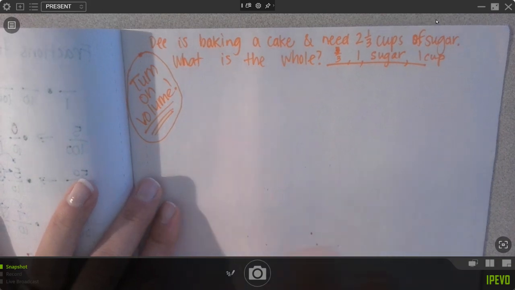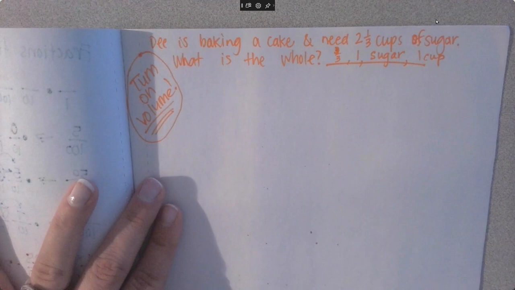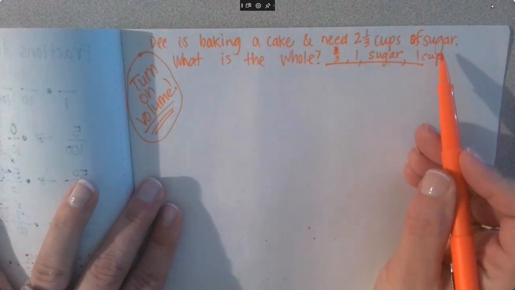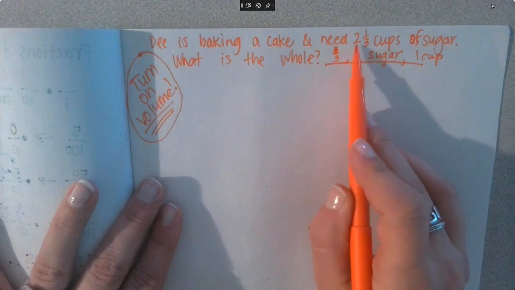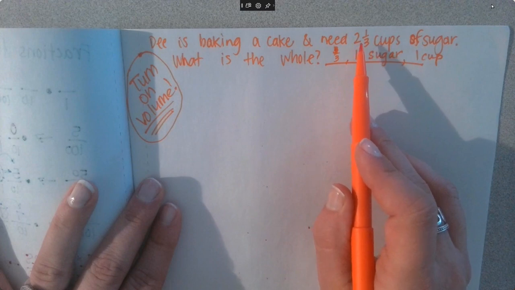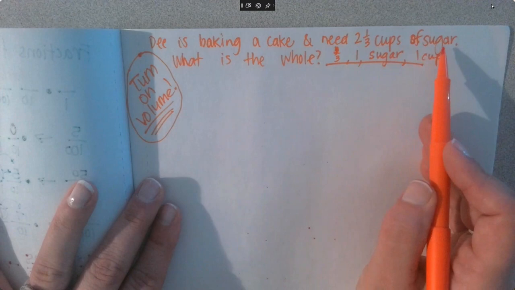Unlike the sandwich example, maybe this time we take a look at the fact that our number that we have is 2 1/3. So that was 1 sandwich, right, that we had cut up into different size pieces. But here we have sugar.